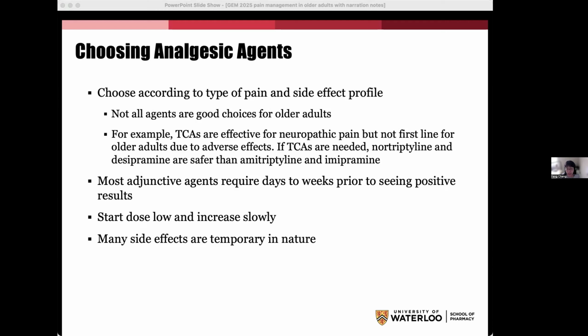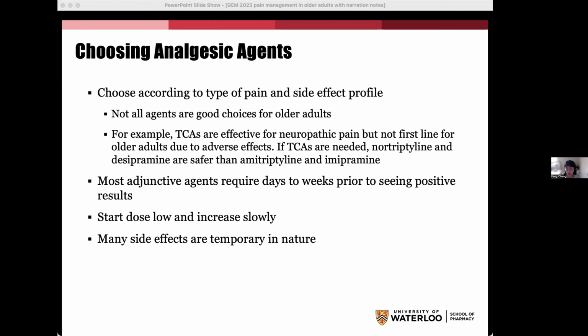Adjunctive agents like antidepressants, anticonvulsants, those will take days to weeks to work, and so you will need to give it time. The other thing people often say is start low and go slow. I will just add a bit to that and say don't forget to go, because you do want to get the person into an effective dosing range.